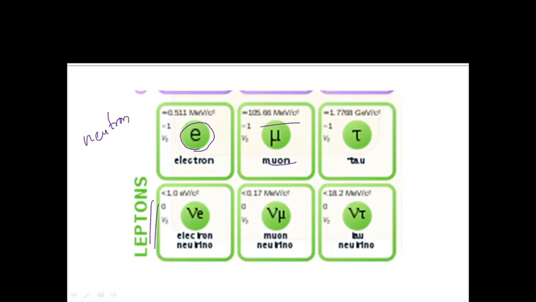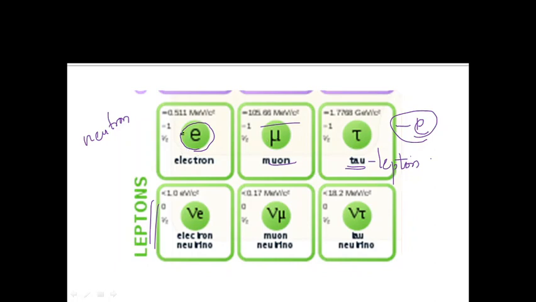They are muon and tau, or the tau lepton. So these particles have a charge of -1 or -e, just like the electron, but they have different masses. Electron, muon and tau lepton have different masses, and they behave just like the electrons.